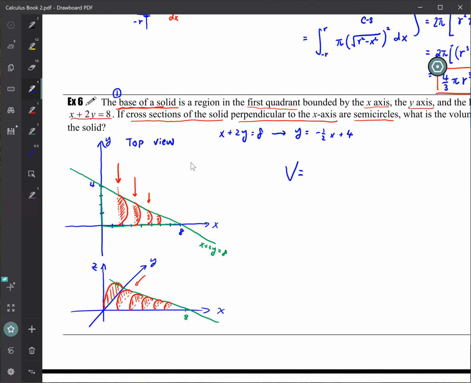Wait, Jason. So basically the second picture you're just showing us from an angle, right? So we can kind of see the 3D view. Yeah. Otherwise, in the top view, you are not supposed to see any semicircle. Wait, so when we do questions like this, do we generally draw it from the top view?